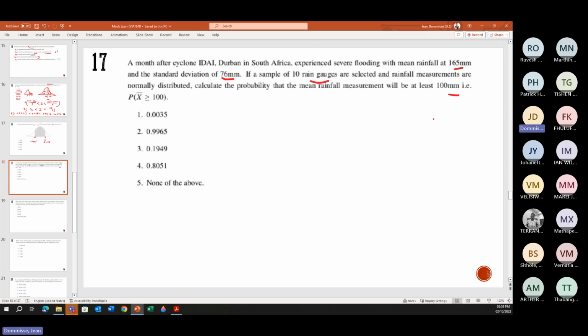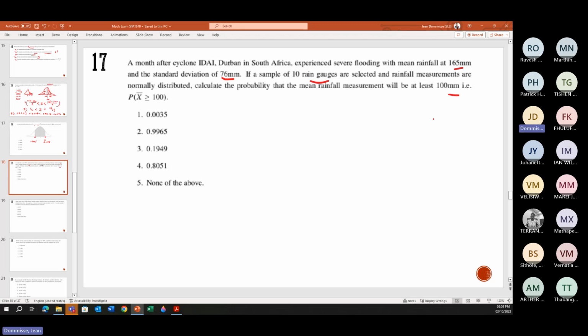Okay, so what would you do here? Z or T? I would say T just because of the sample size. Okay, so the sample size is small, so less than 30.